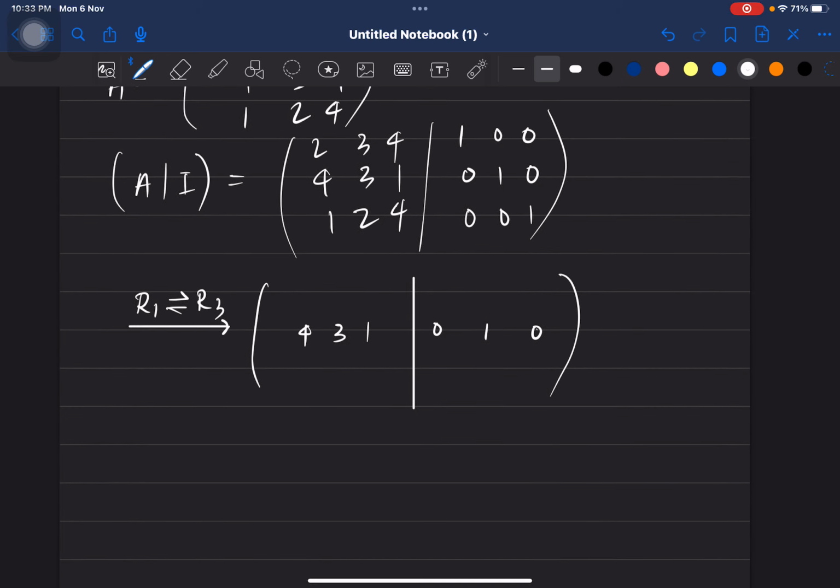Okay, on this, 2 times row 1 minus row 3 for row 3. So row 1 no change at all, so copy row 1. Set out the formula 4x minus y.